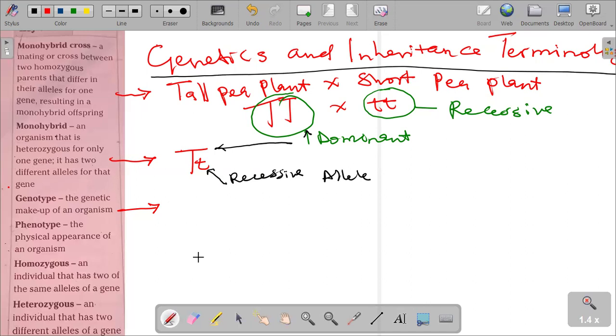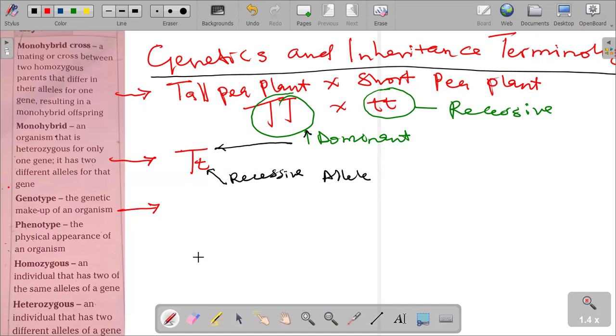It's something that we can see by the letters that are used to represent the scenario in question. So the genetic makeup is represented by letters. Letters are given that represent the alleles in the organism.